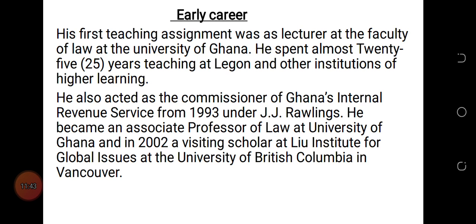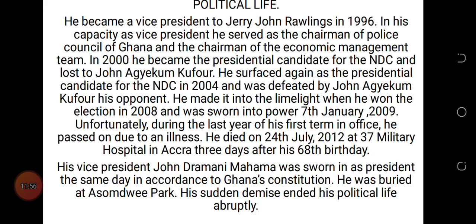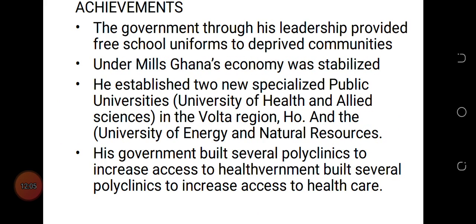Then we quickly looked at his early career. He became a lecturer, and then he continued to be in charge of other things per the qualifications he had. Then we also looked at his political life, became vice president, till he actually left the scene. Then we looked at his achievements.